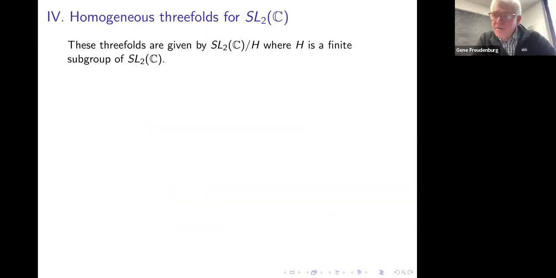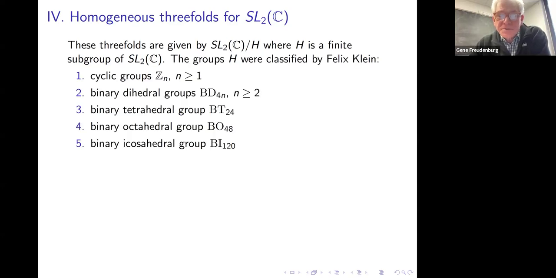Okay, so now let's look at homogeneous threefolds. Of course, they're all given by a quotient of SL2 by H acting on it, where H is a finite subgroup of SL2. Okay, these groups have been known for a long time, first classified by Felix Klein in the late 19th century.